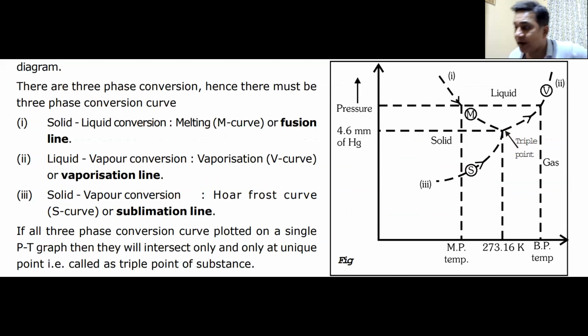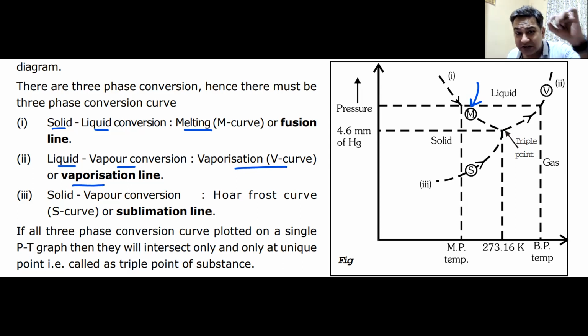Here I have different lines. I have different phases. Solid to liquid conversion, which is melting, or the M curve. I hope you can see the M curve. Then I have liquid to vapor conversion, the vaporization curve or the V curve.